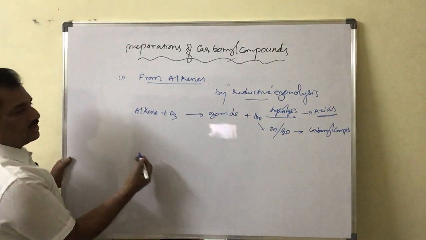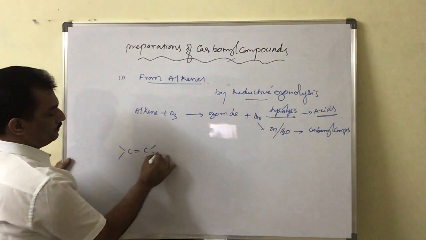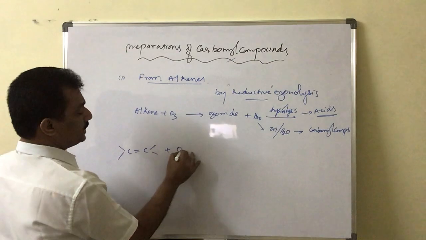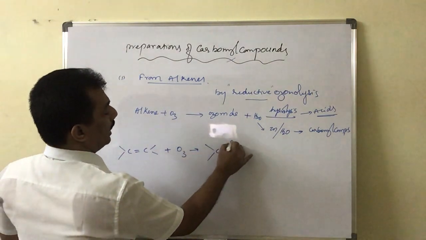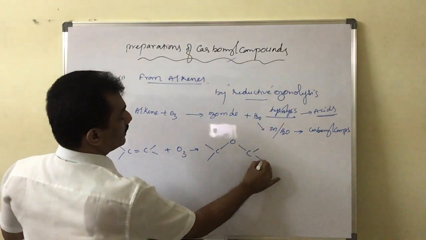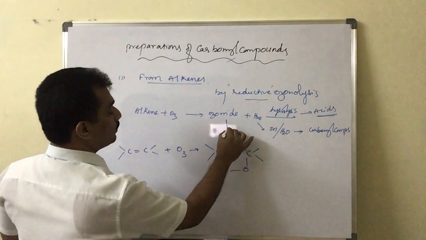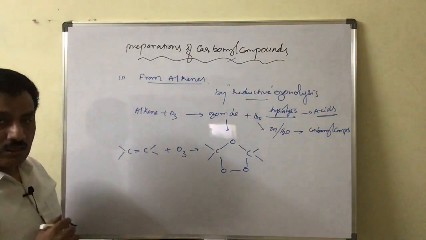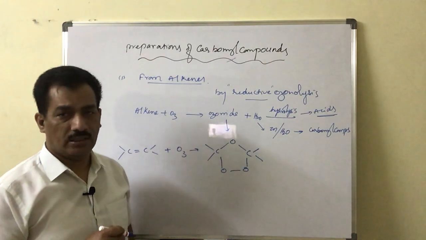Now what happened in this case? Let us see the general equation. This is alkene. When ozone reacts with this, the alkene forms an addition product like this. This is known as ozonide. Alkene ozonide: ethylene ozonide, propylene ozonide, like that.